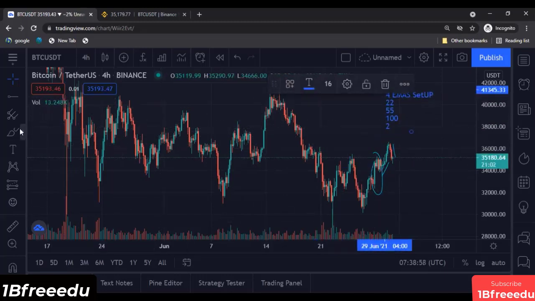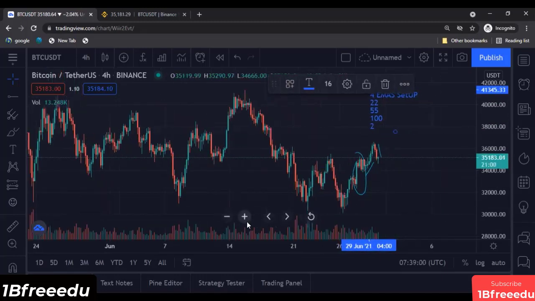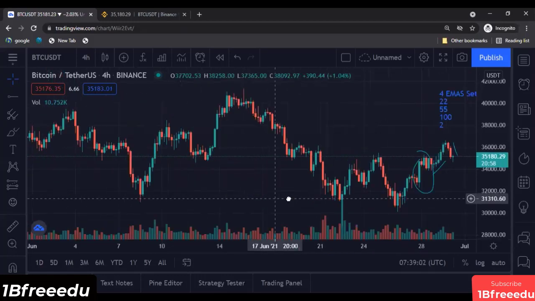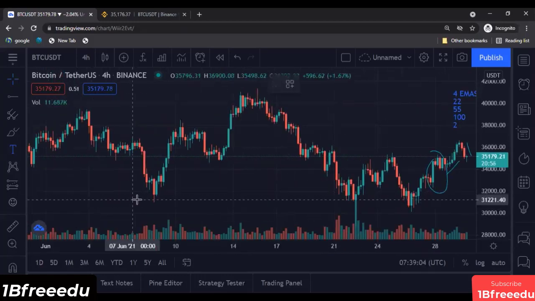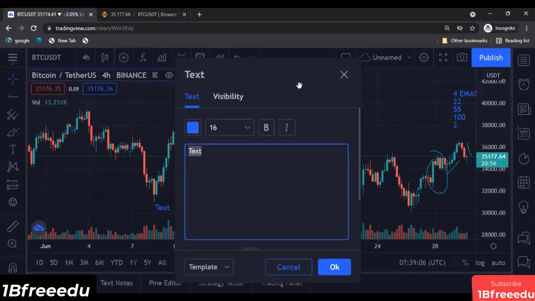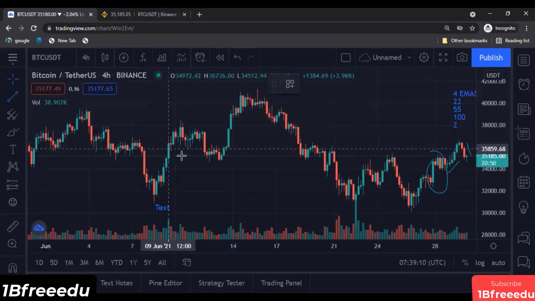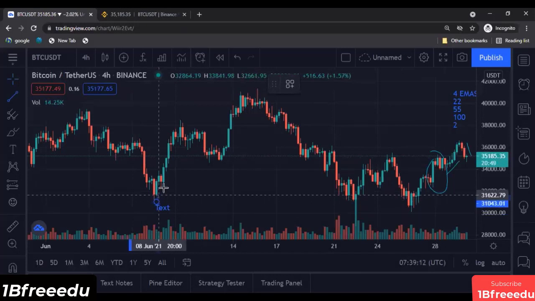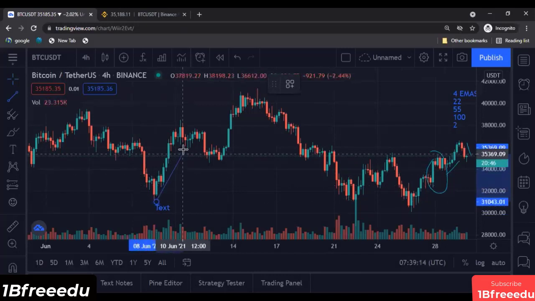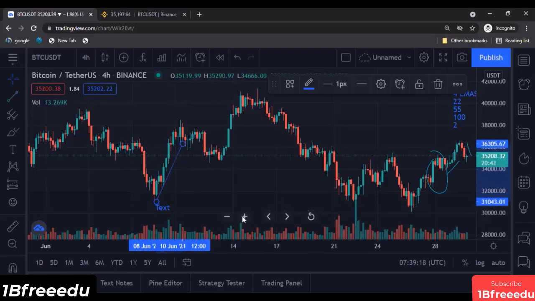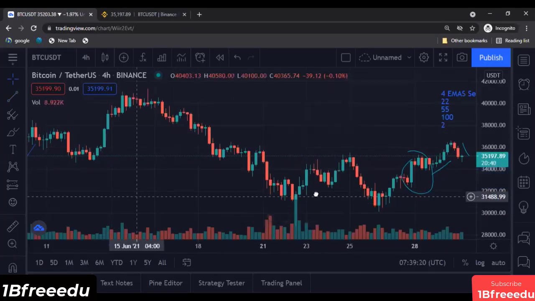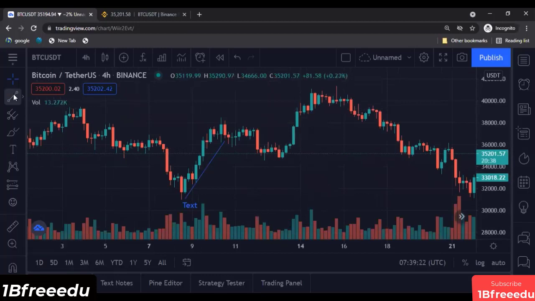For example, if I can show you here, I would need to take a trend line here. And you can see the Bitcoin was moving here, here, here, here, here. So this would also help us show how support and resistance is working.